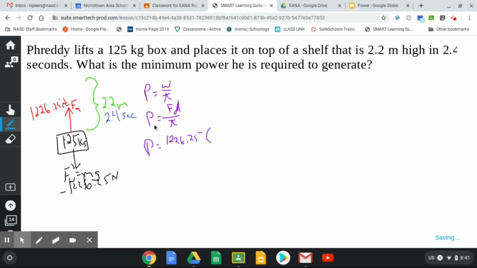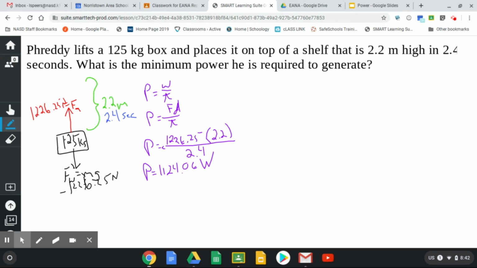He's going to move that through a displacement of 2.2 meters, in a time interval of 2.4 seconds. So doing that calculation, 1,226.25 times the 2.2 meters divided by the 2.4 seconds gives me an average power of 1,124.06 watts.